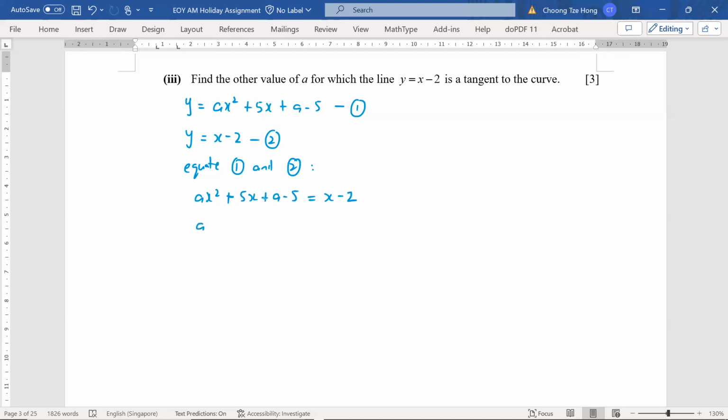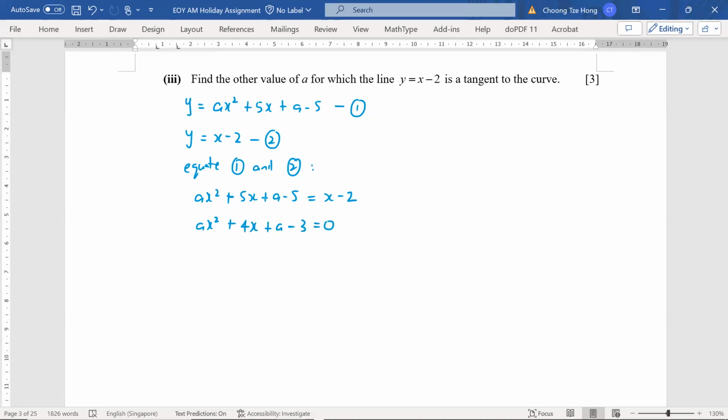Let's bring everything to the left side, similar to what we did previously. So minus 5, you bring the 2 over, plus 2, you will get minus 3. The a is still there, plus a minus 3, equals 0.